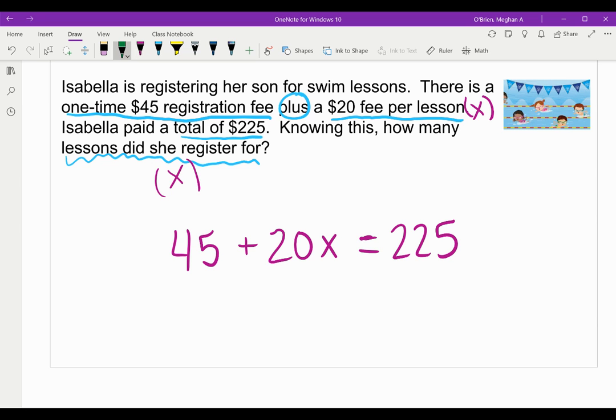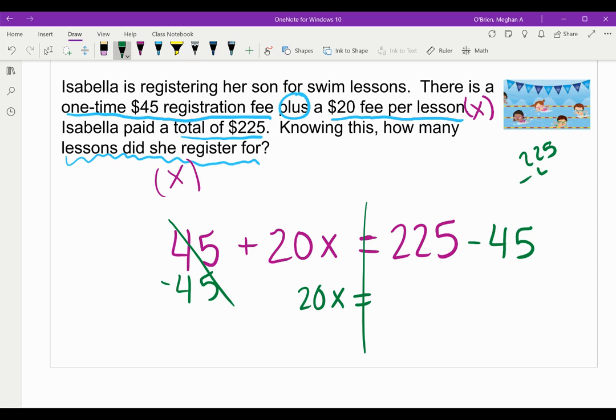Now, if I'm going to solve it, because I want to know how many lessons she registered for, I'm going to just apply my steps. So first of all, working backwards from her total, right? She had to pay the $45 registration fee. So that's my constant. And so I'm going to take away the 45 on both sides. Now I'm left with 20x equaling, well, 225 minus 45 is, let's see, 180.